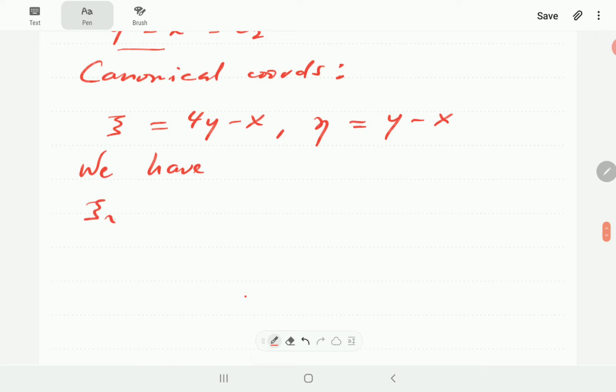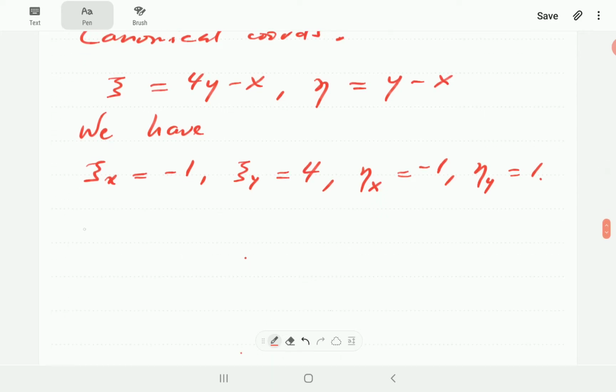So let's work out the derivative of xi with respect to x, which is going to be minus 1. Derivative of xi with respect to y is going to be 4. Derivative of eta with respect to x is minus 1. Eta with respect to y is 1.